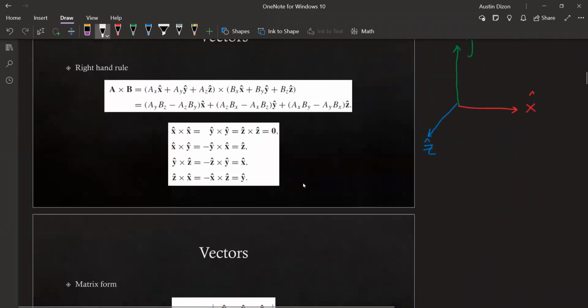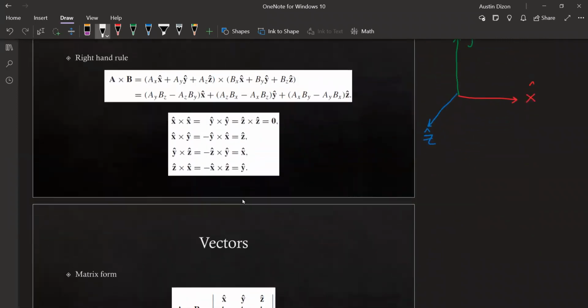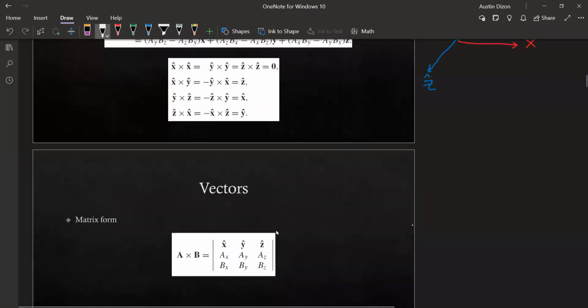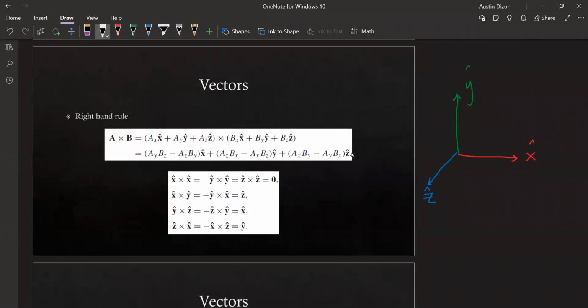And then, kung meron sa inyo na bihasa mag-vector, ay mag-matrix, pwede nyo siya isulat na ganito. So yung A cross B is just the determinant in this 3x3 matrix. So pag kinuha niyo yung determinant nitong 3x3 matrix na to, ang lalabas ay ito.